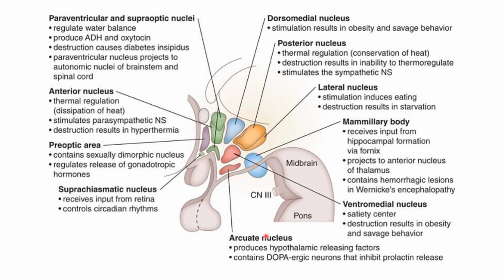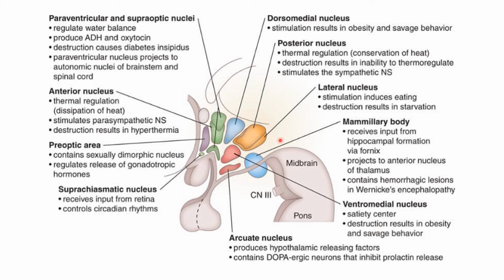So we have here the arcuate nucleus. If you remember, it connects to the sinuses, which release to the anterior pituitary gland. So it produces a hypothalamic releasing factor like thyrotropin releasing hormone, and as well dopaminergic neurons that inhibit prolactin release. We have the ventromedial nucleus, so satiety center, hunger.